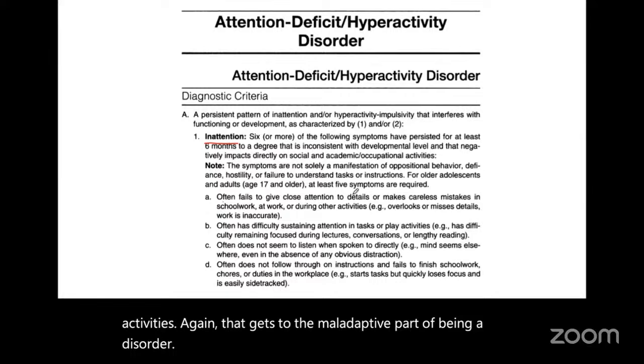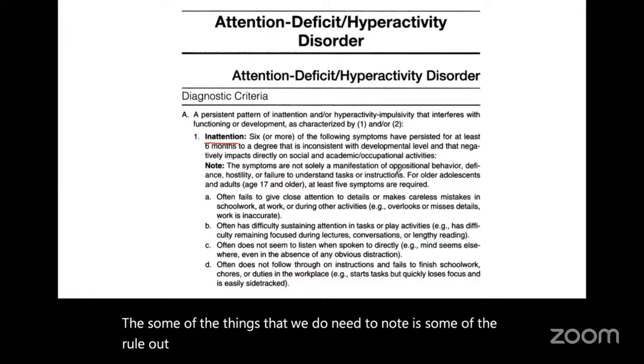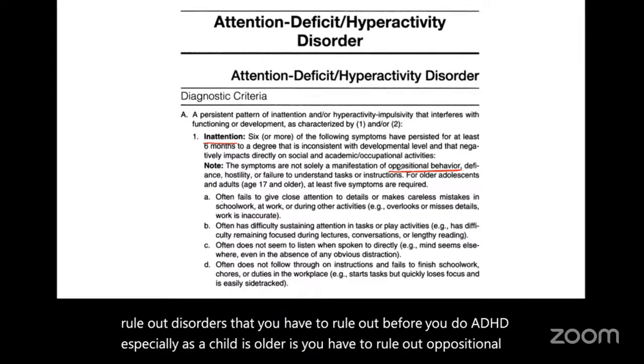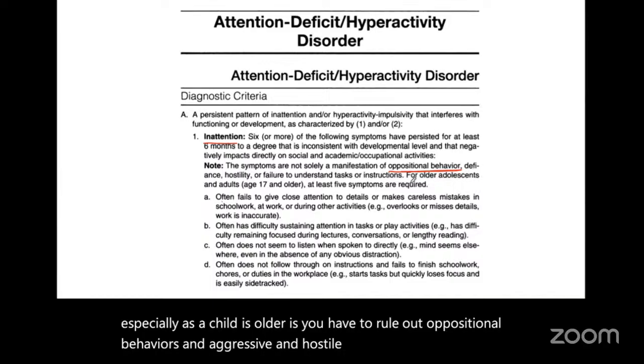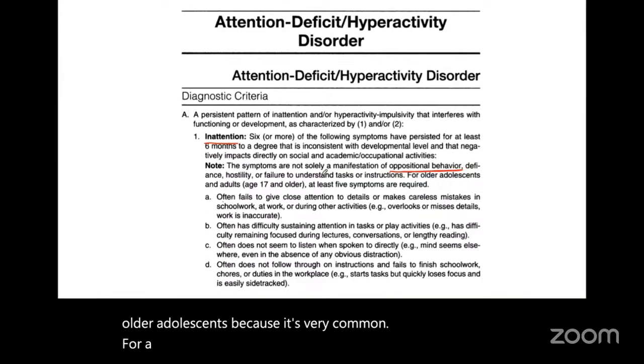Some of the things that we do need to note are the rule-out disorders that you have to rule out before you diagnose ADHD, especially as a child is older. You have to rule out oppositional behaviors and aggressive and hostile behaviors, especially for older adolescents, because it's very common for a child with oppositional defiant disorder to be diagnosed with ADHD.